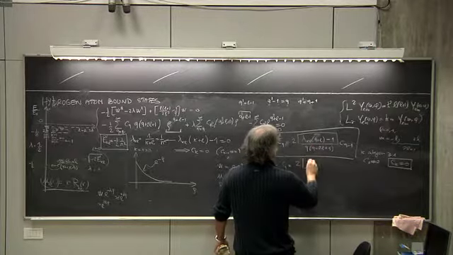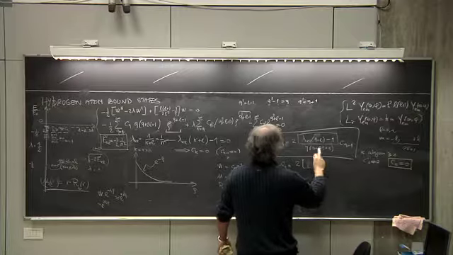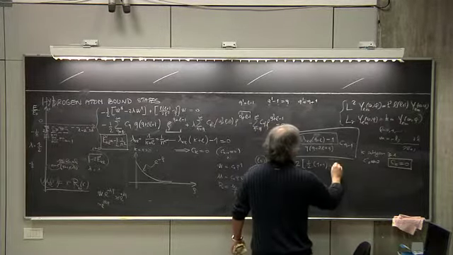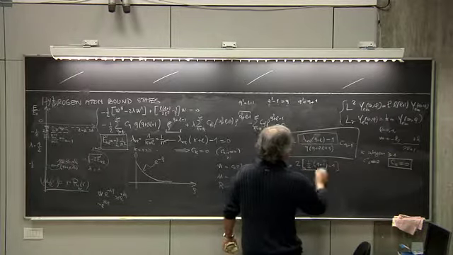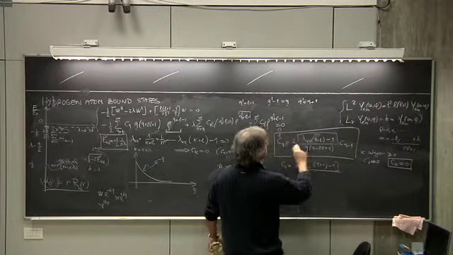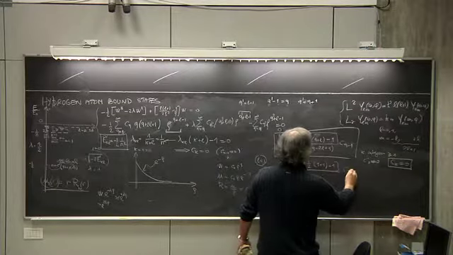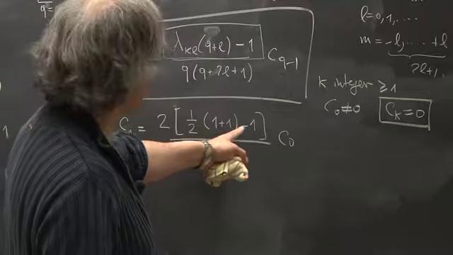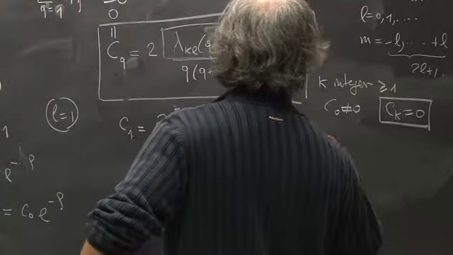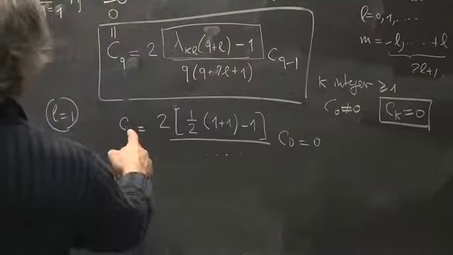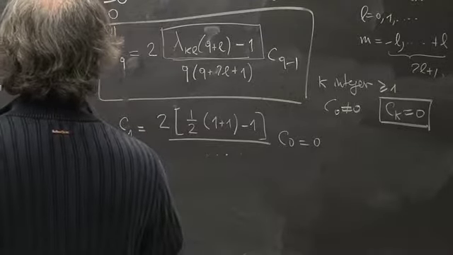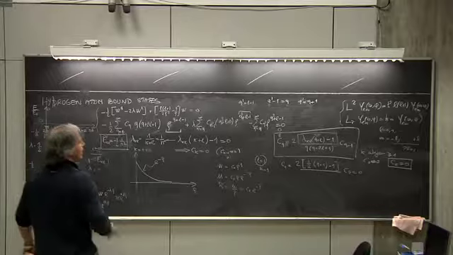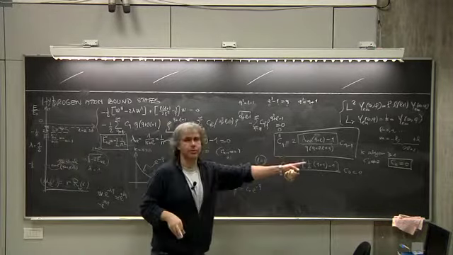Lambda is equal to 1/2. Then I have 1 plus 1 minus 1 divided by something, just calculate here, times C0. But you see immediately that 1/2 times 1 plus 1 is just 1 minus 1, so this is 0, which is okay. After all, this is a k equal 1 solution that I'm looking at, okay? And you see that, once again, there is only one term.